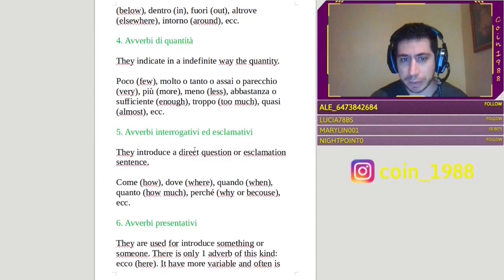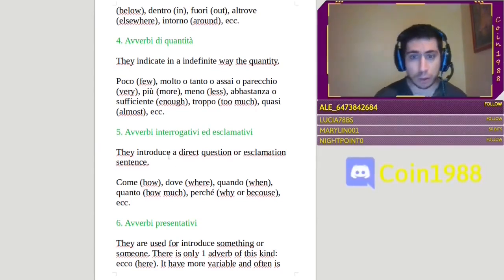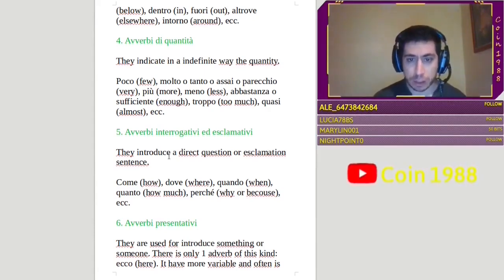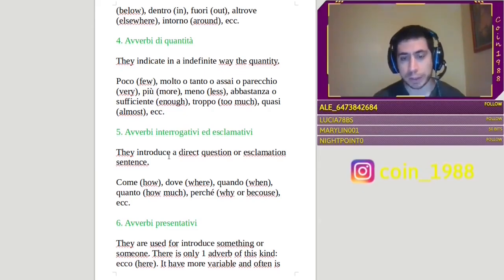The type number 5 are avverbi interrogativi ed esclamativi. They introduce a direct question or exclamation sentence. So we can find among them words like come, that means how, dove, that means where, quando, that means when, quanto, that means how much, perché, that means why or because.